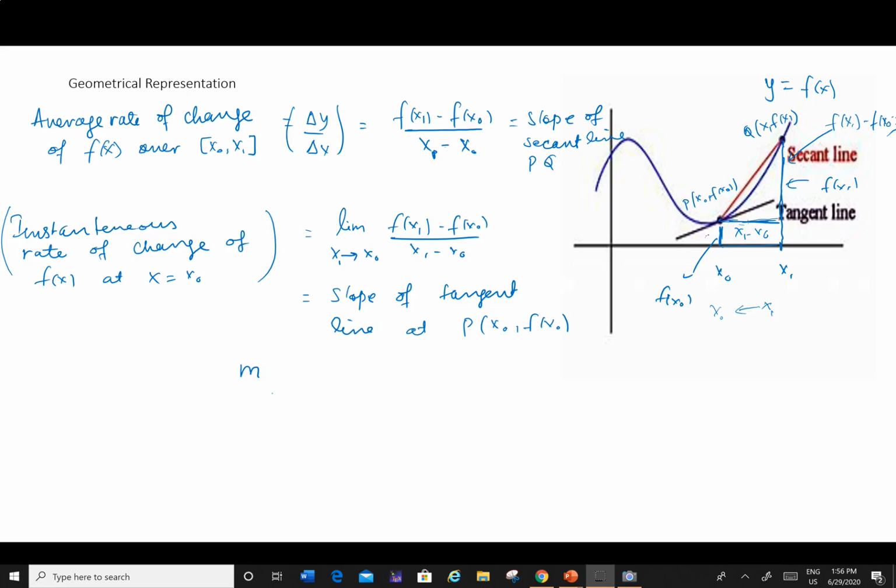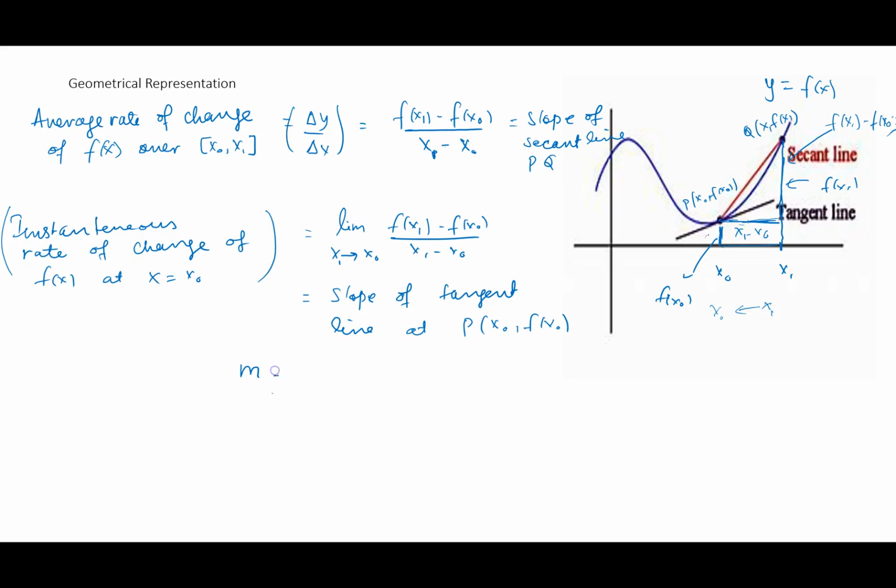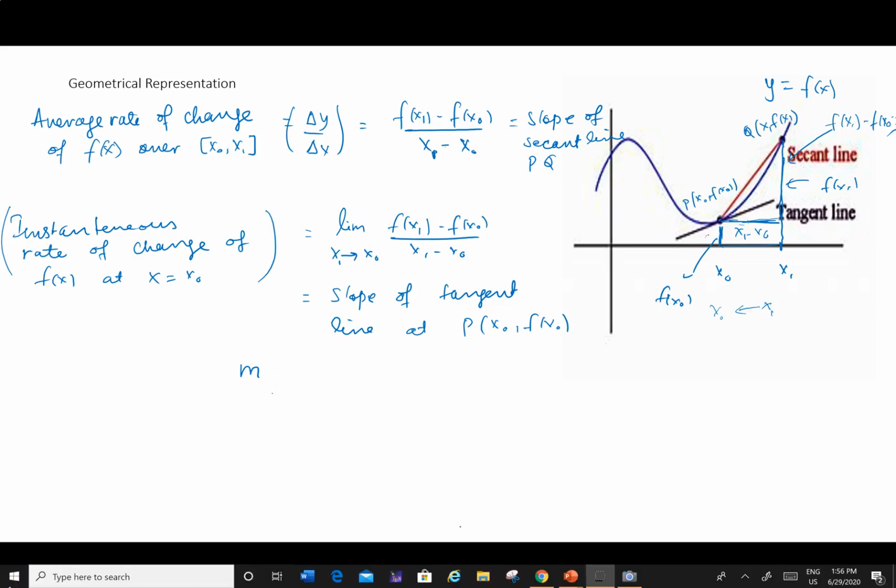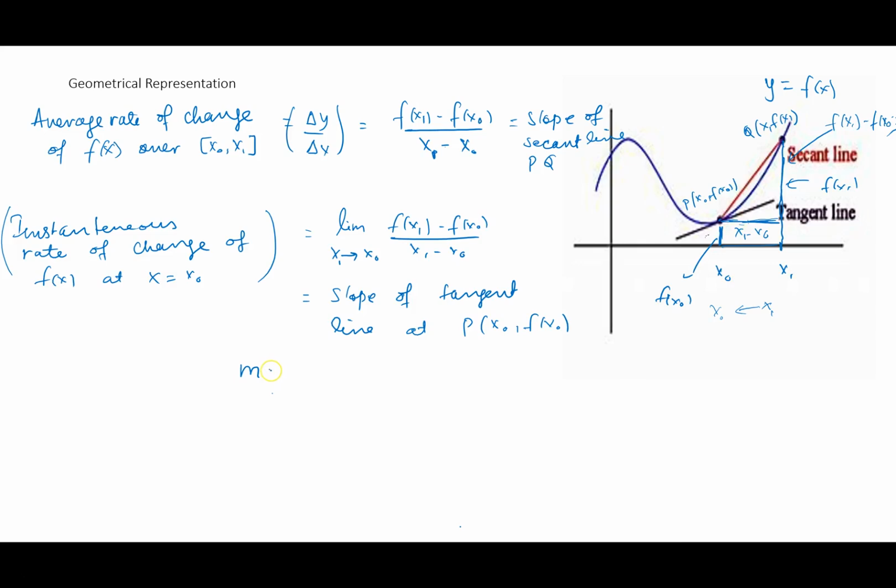So the slope of the tangent line at P is given by the limit, I'm writing x instead of x1, as x approaches x0, so the x value is getting close to x0, of f of x minus f of x0 divided by x minus x0. So x can be any arbitrary value of x that is close to x0.